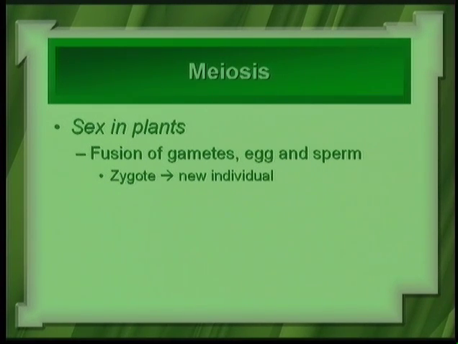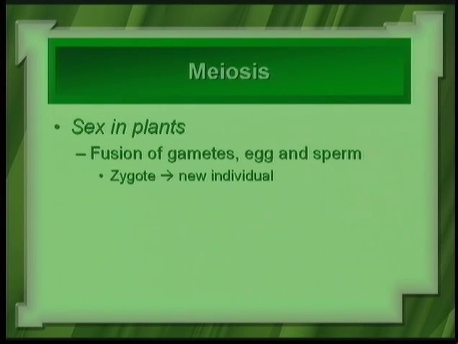When fertilization happens, or the fusion of egg and sperm, you have a zygote, a new individual. It's very similar to what happens in us humans and other animals. Generally, you have egg from the mother and sperm from the father fusing and forming a zygote. That's a single-celled individual that has genetic material from both the father and the mother.